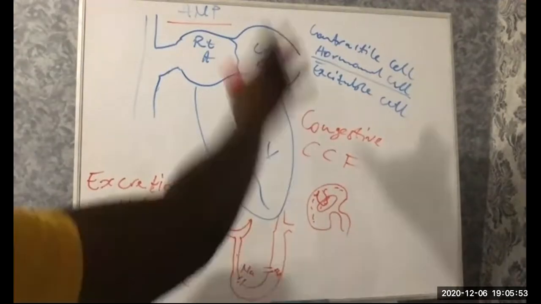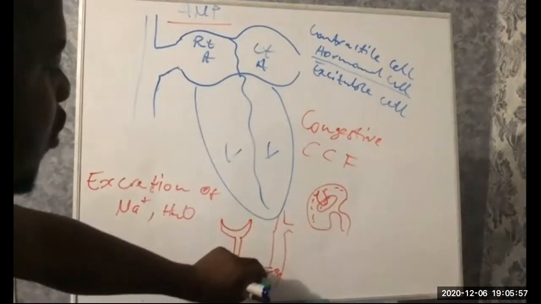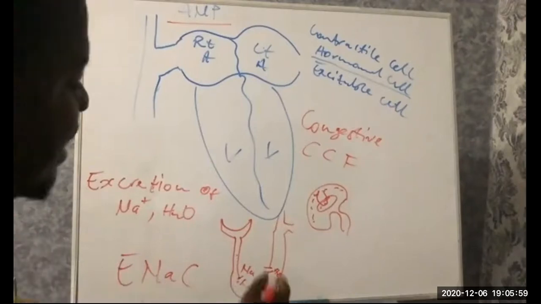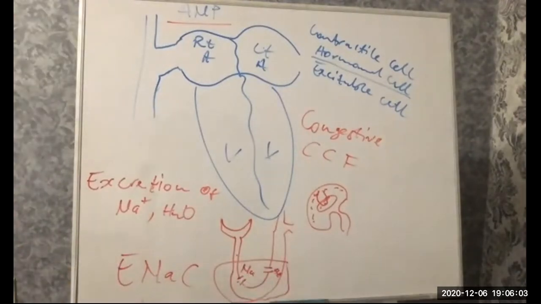So there will be a lot of reabsorption of water at this point, at the loop of Henle. Now, there are certain drugs like diuretics which actually block the function of these epithelial sodium channels.